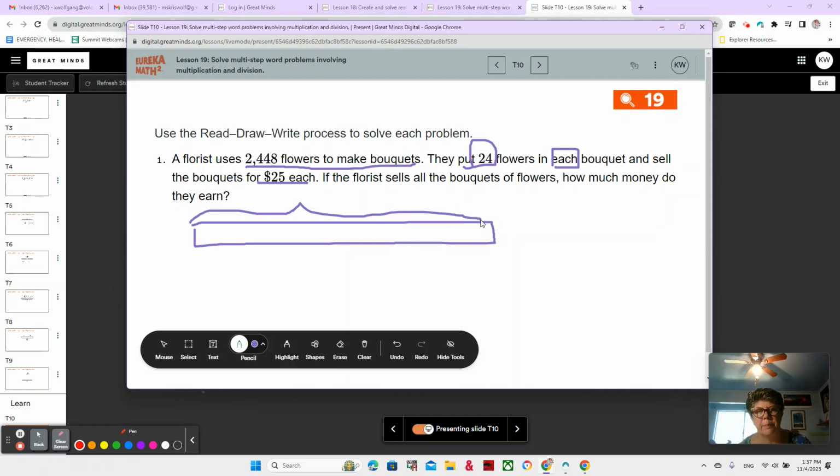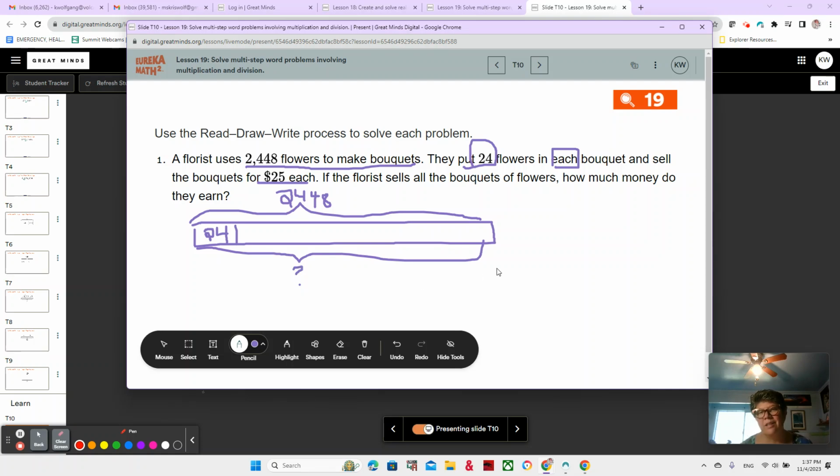Make sure you're copying this down in your book. 2,448 flowers to start with, and 24 flowers in each bouquet. So they're going to be in groups of 24, right? And our question is, how many groups can we make?